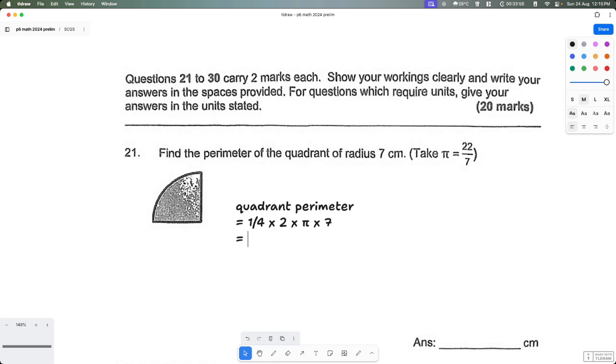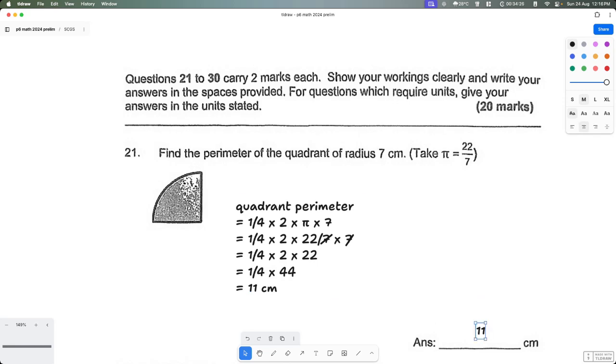So this will be 1 quarter times 2 times 22 out of 7 times 7. So we can cancel 7. That means this will become 1 quarter times 2 times 22, which is 1 quarter times 44, which is equal to 11 centimeters. There you go. So that's your answer, 11 centimeters.